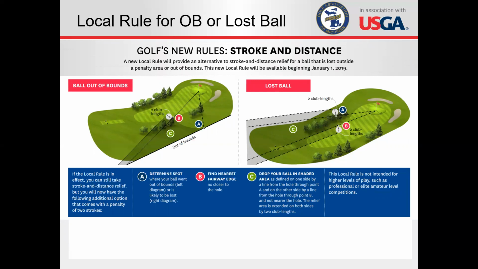It might not be super intuitive, but once you see a picture of it and see how it looks, it works out to be fairly intuitive. A little bit harder to explain, but seeing it really brings it to life. The point is that if a player hits it out of bounds at A, they're going to go to the nearest edge of the fairway, take two club lengths, and drop the ball in the fairway.